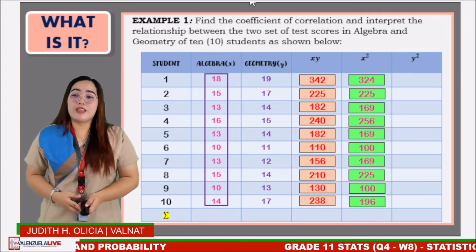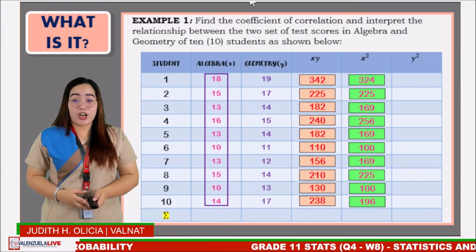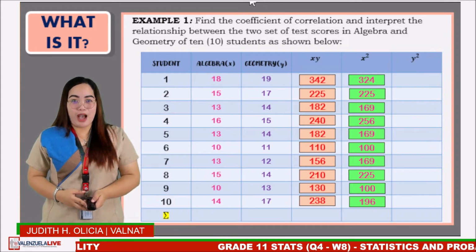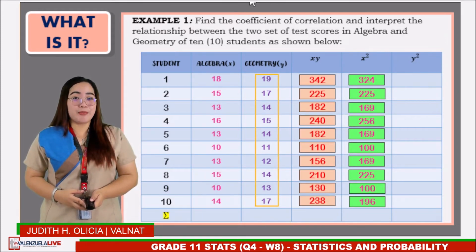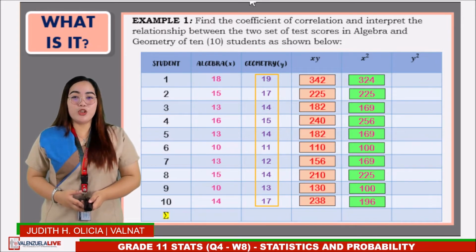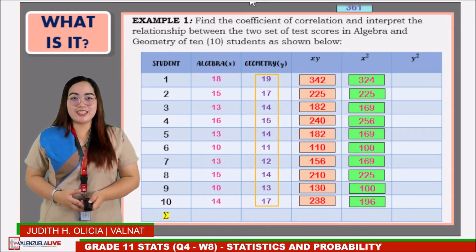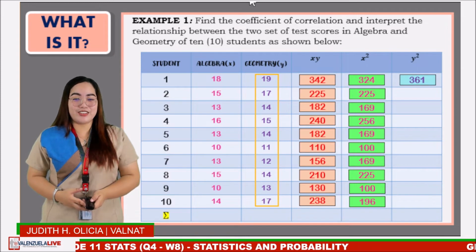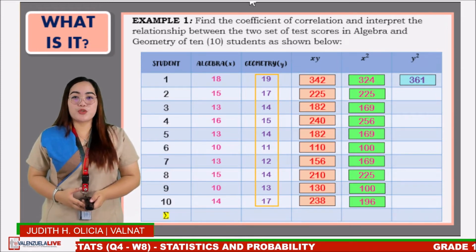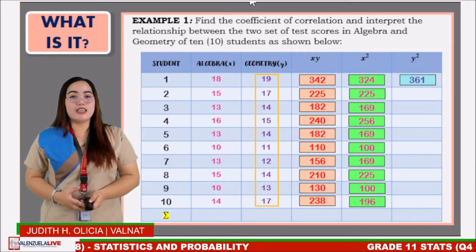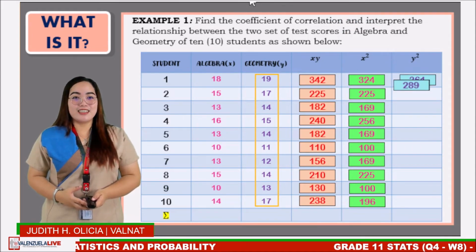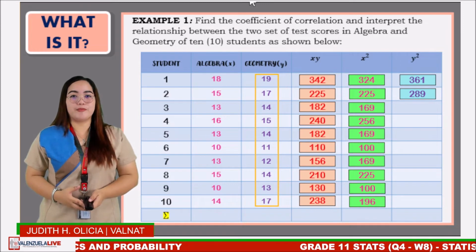The third step is to get the square of each element of Y. For student number 1, 19 multiplied by 19 is 361. For student number 2, 17 multiplied by 17, the product is 289.